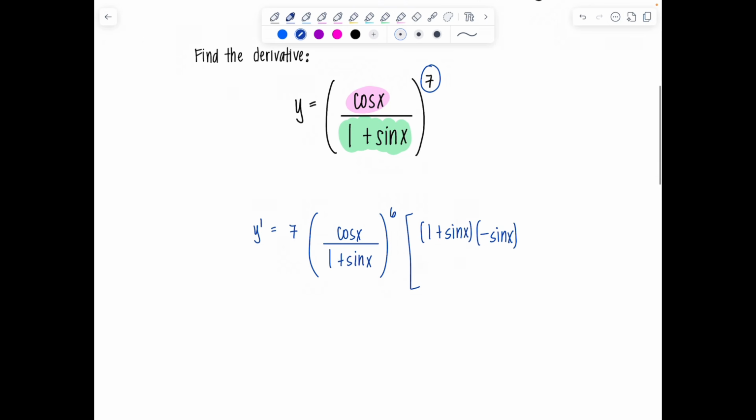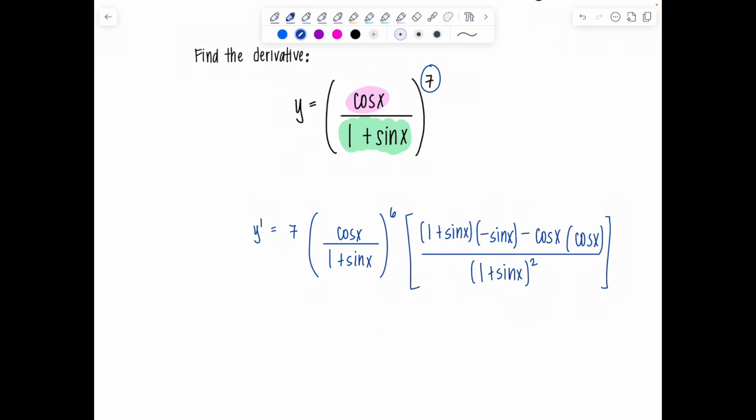Low d high minus high d low means differentiate the denominator. The derivative of 1 is 0, and the derivative of sine x is cosine x. And then the song goes, over low, low, or square the bottom, away you go. I have a whole video where I explain that song. I'll link it in the description. Boom. So now we're done differentiating.